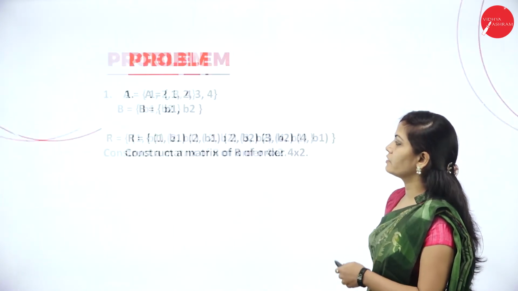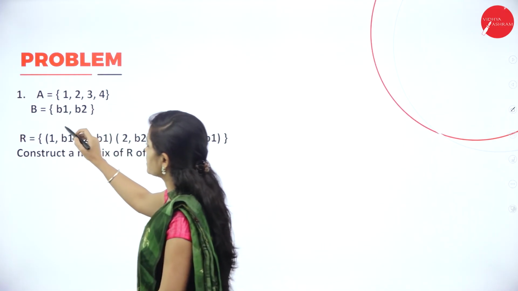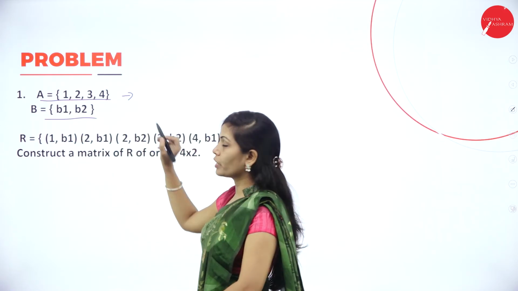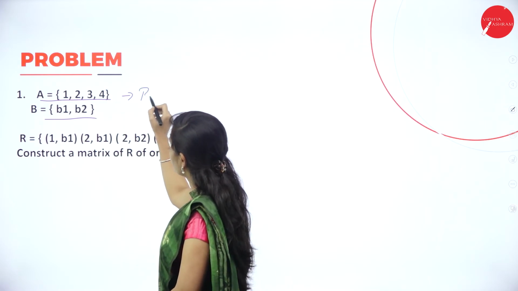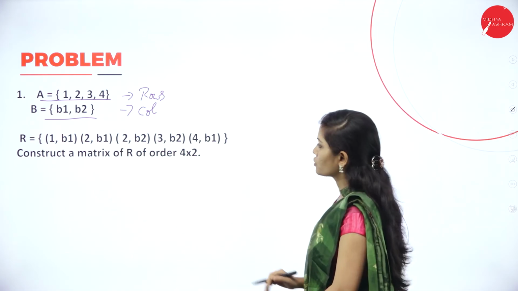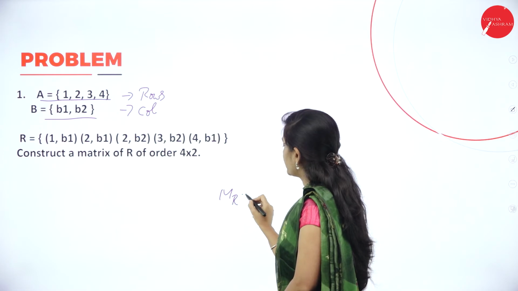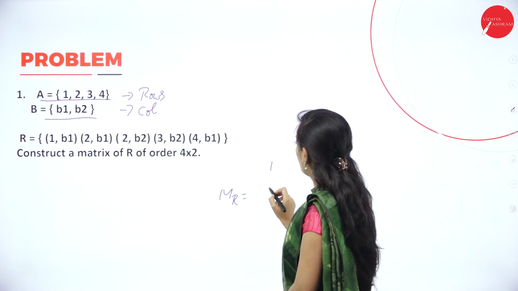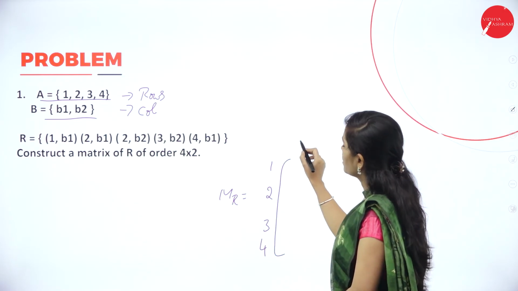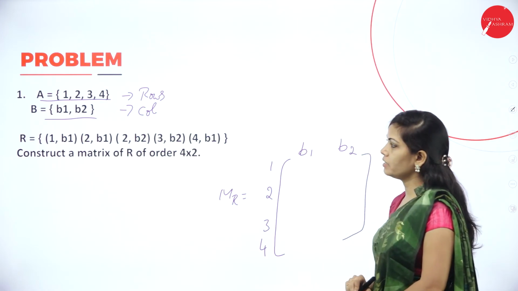Let us understand with an example, a very important question. Let A be {1, 2, 3, 4} and B be {B1, B2}. A gives the number of rows and B gives the number of columns. How to represent a matrix using this relation? The matrix representation MR has rows 1, 2, 3, 4 and columns B1 and B2.